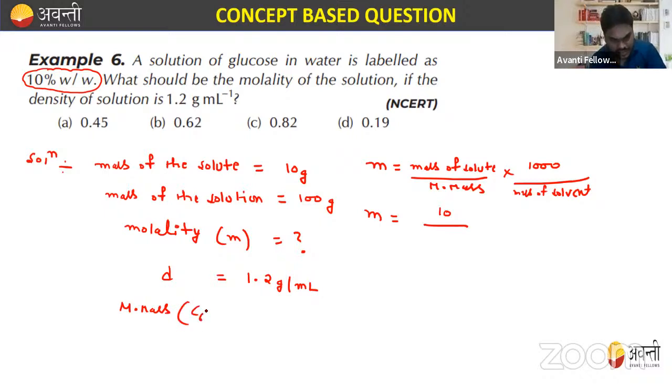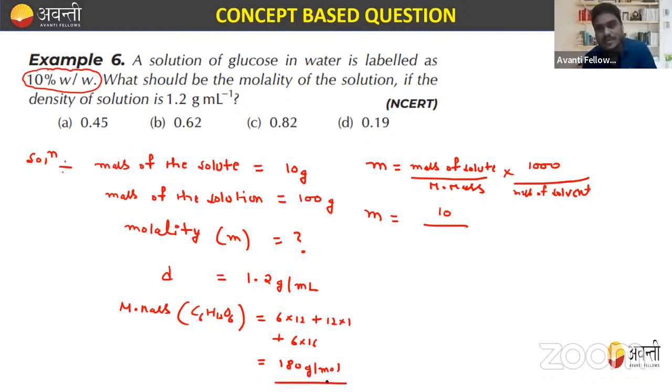C6H12O6, so the molecular mass is 6 into 12 plus 12 into 1 plus 6 into 16. So it comes out to be 180 gram per mole. So this is the molar mass of glucose.